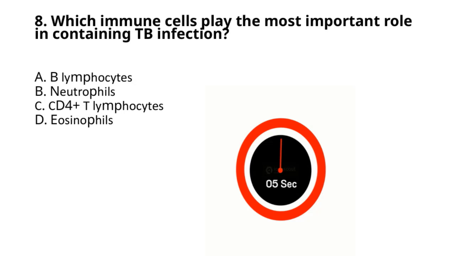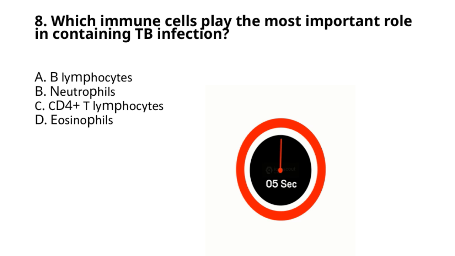Let's take a closer look at some of the key immune cells involved in fighting tuberculosis. First, B lymphocytes, or B cells, are crucial for producing antibodies. But in TB, their role is more supportive rather than directly containing the infection. Next, we have neutrophils, which are among the first responders to infection. They can attack bacteria directly, but their role in TB is complex and sometimes linked to tissue damage.